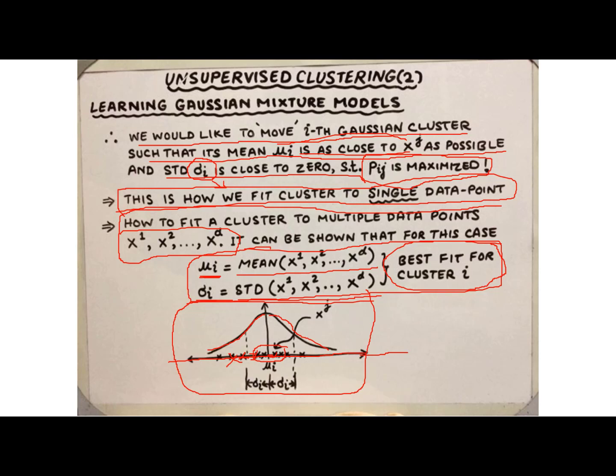As we move outward to the left or towards the right, the density of data points also reduces, and so will the values of the probabilities. So this is how the cluster fitting makes intuitive sense using the visualization that we have just discussed.